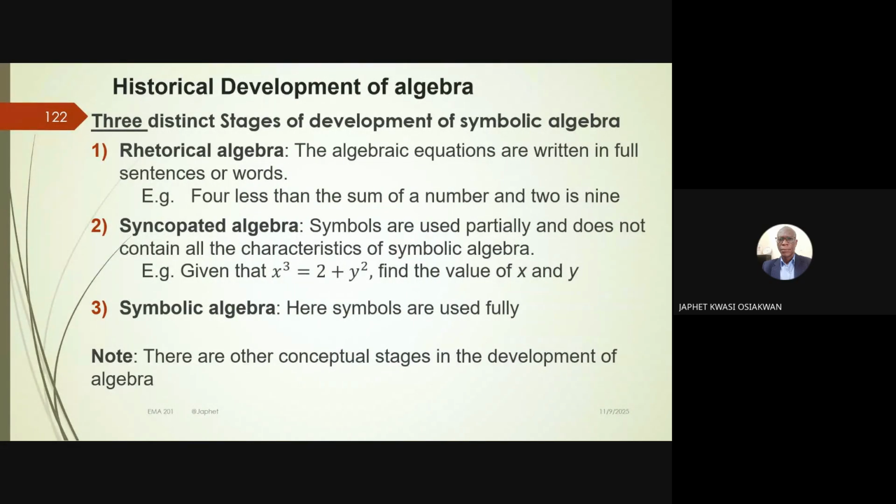I want somebody to give us that in today's terms. Those days, they would just mention it like this and they can get a number. Can somebody give us the expression for this? 4 less than the sum of a number and 2 is 9. Anyone? Yes, go ahead.